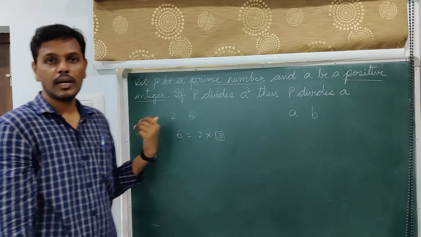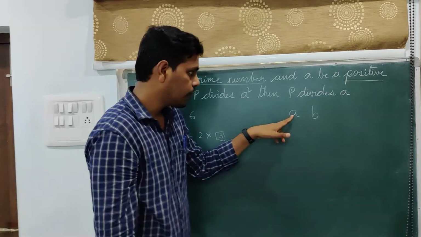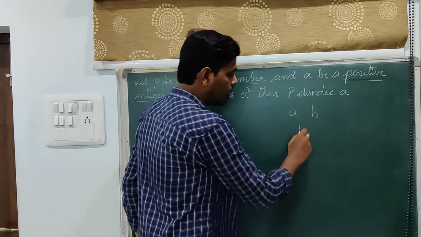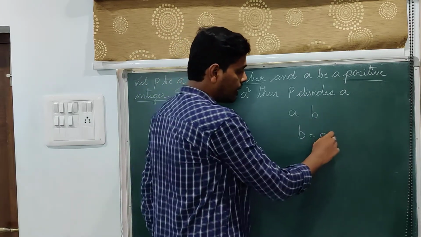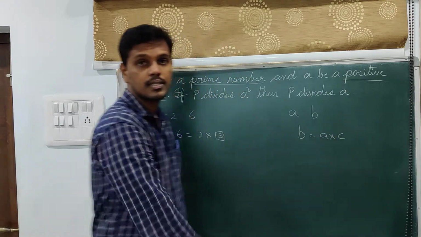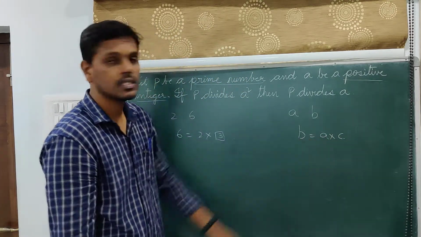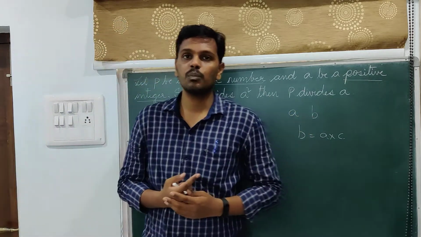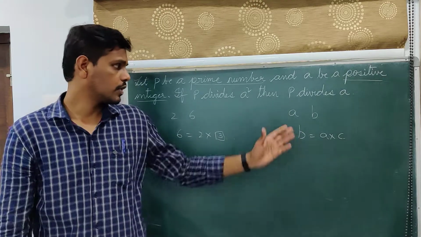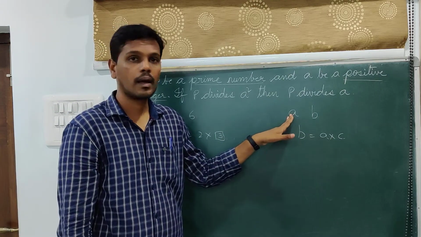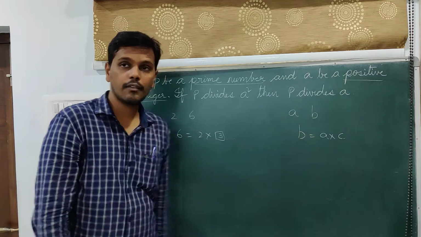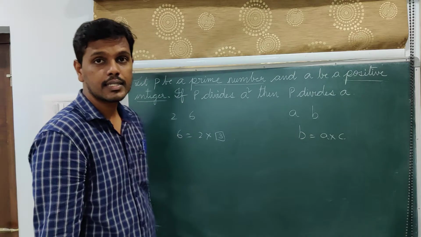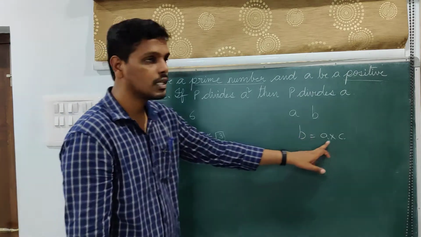If you are able to write 6 as the product of this 2 and an integer, then we say that 2 divides 6. Likewise, if you say A divides B, it means that you can write B as A into some integer C, for which the product AC is equal to B. So this is the definition of divisibility. If we have A and B, two numbers, and we say that A divides B, there exists an integer C such that B is equal to AC.